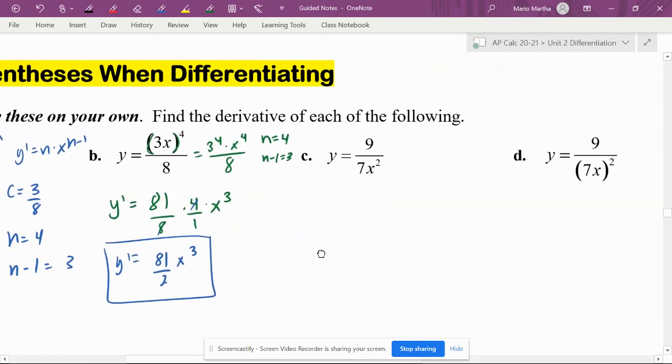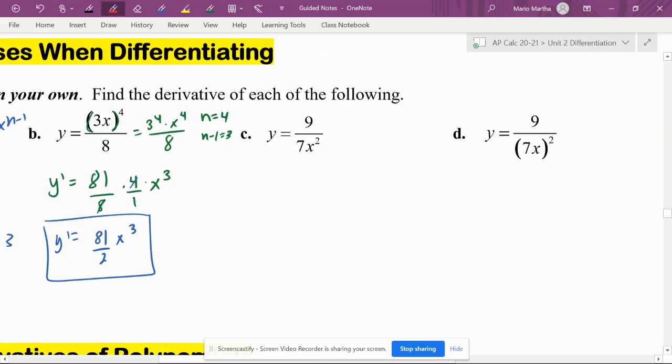On example C, we have y equals 9 over 7 times x squared. Again, for y prime, your constant is the fraction 9 over 7, times, since we have x in the denominator, remember we want to rewrite it as a negative exponent. So this would be x to the negative 2. So n equals negative 2, therefore n minus 1 would be negative 3. I'm sorry, skipping a step here.